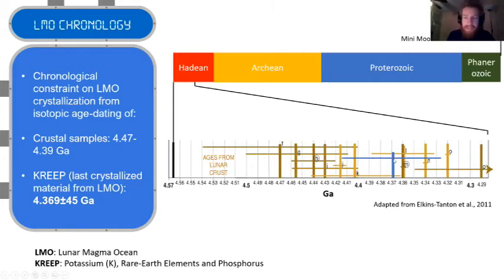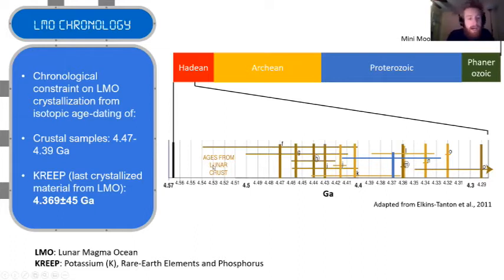And this is an age that was obtained by Gaffney and Borg. You can see that it corresponds roughly to, here is the exact date, 4.369. It covers about this point. So we think we have the end of the crystallization of the magma ocean, but the beginning, which must correspond to the formation of the Moon, is still an open question.